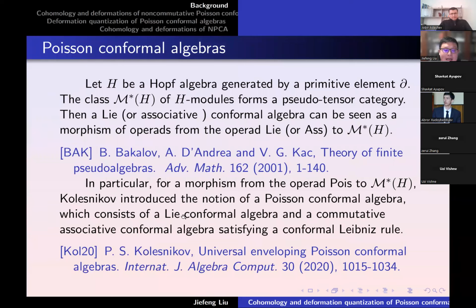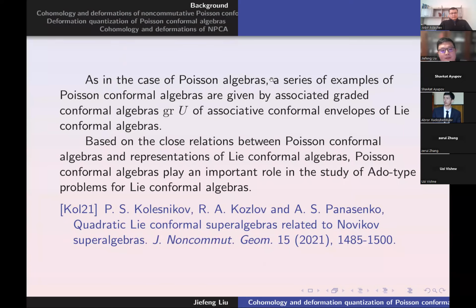But there are also some constructions, as in the case of Poisson algebra or Poisson vertex algebra. A series of examples of Poisson conformal algebras are given by associated graded conformal algebras of associative conformal envelopes of the conformal algebras. But this construction is different from the classical one.